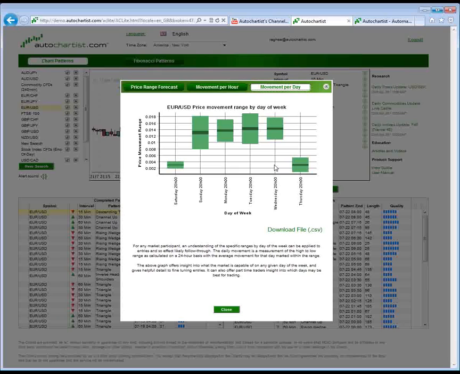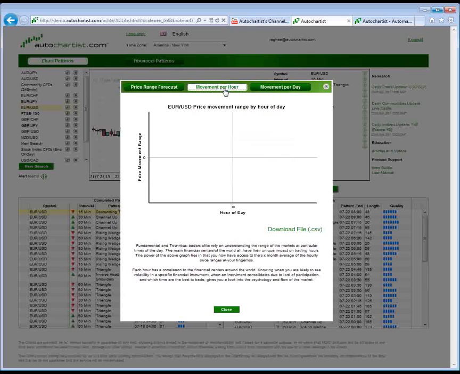I believe it is, but I'm not 100% sure. But basically what you're seeing is a look at the recent price movement by day of week. So you can see that certain days of week are fairly quiet as compared to others. Some days have more volatility, some days don't.